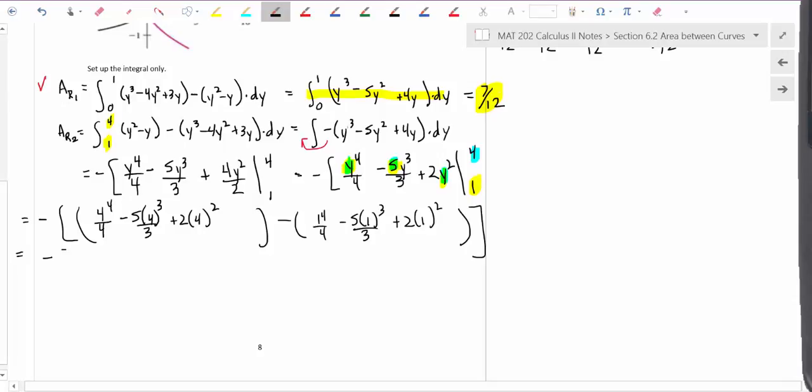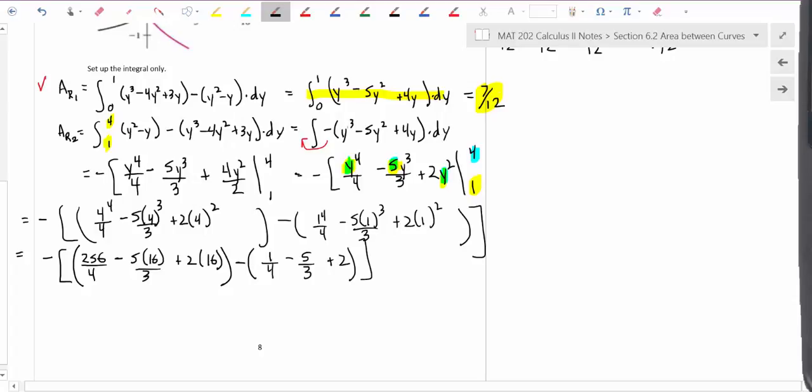Okay, so this is negative, and 4 to the fourth is 256, so that's 256 over 4, 5 times 16 over 3, plus 2 times 16. Okay, so that's what that's going to be, minus, and then this is 1 over 4. This is 5/3, and this is 2 times 1, so that's 2.